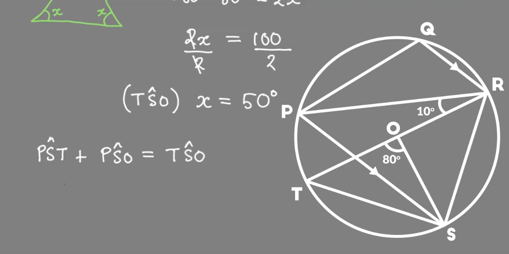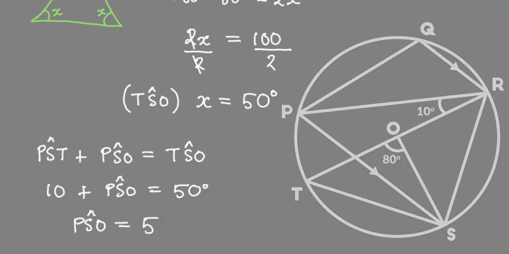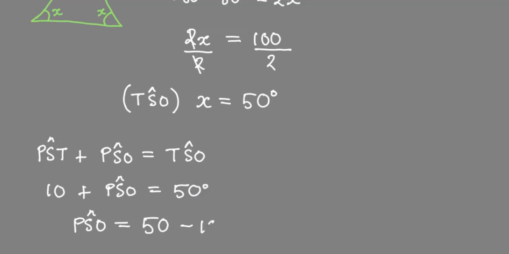So if we plug in some numbers here, PST, which we know is 10, TSO, which we have just found to be 50, making PSO the subject of the formula, we're going to find its value. 50 minus 10, which is going to give us a 40.